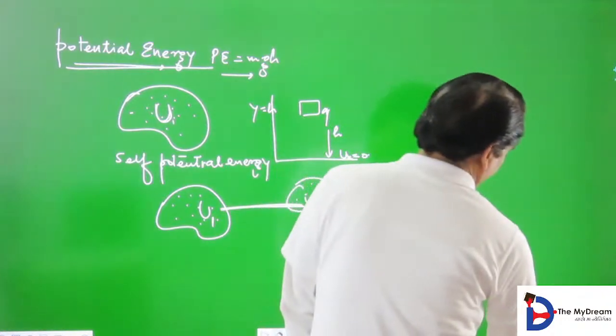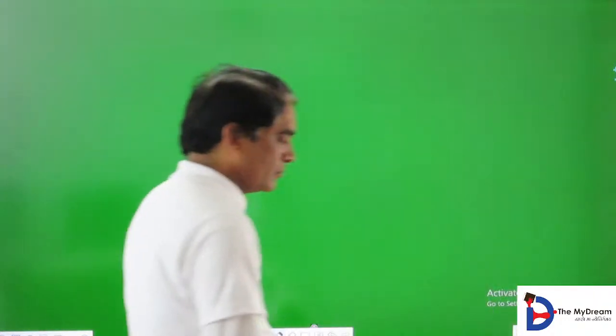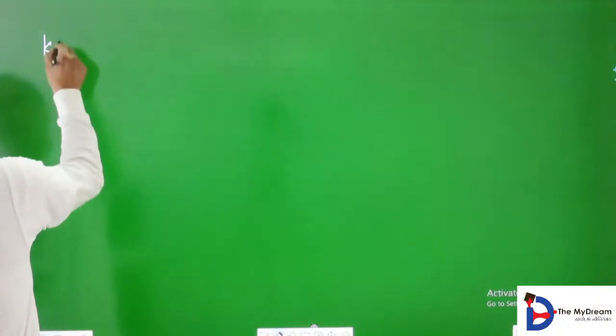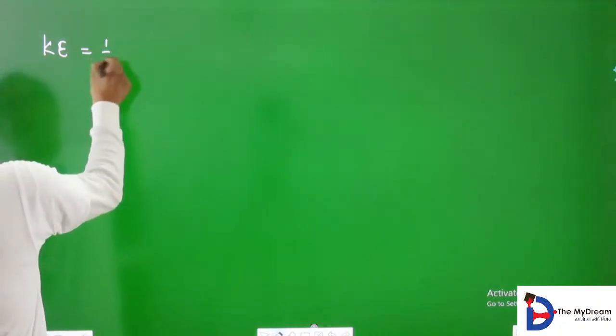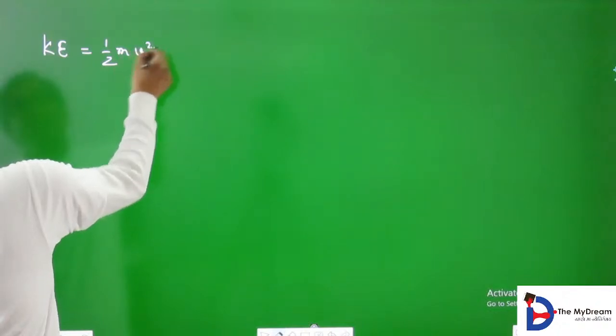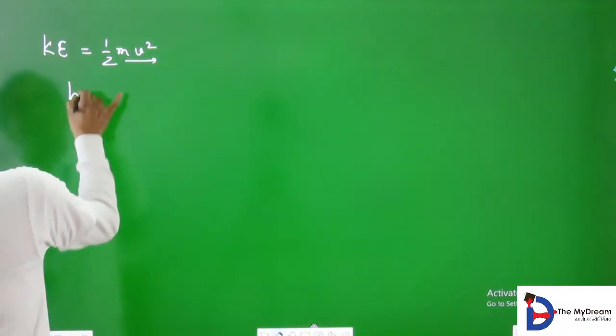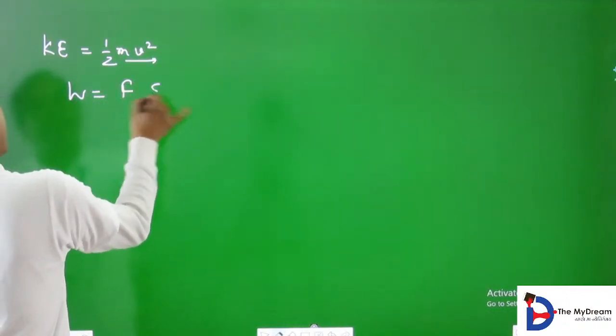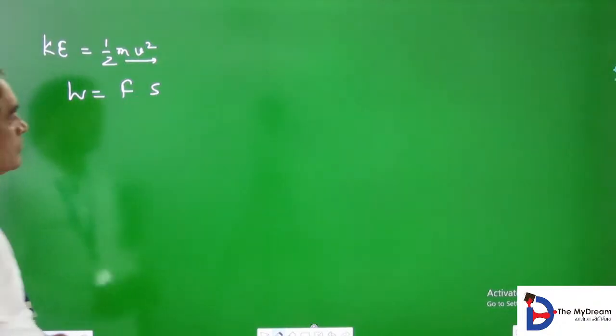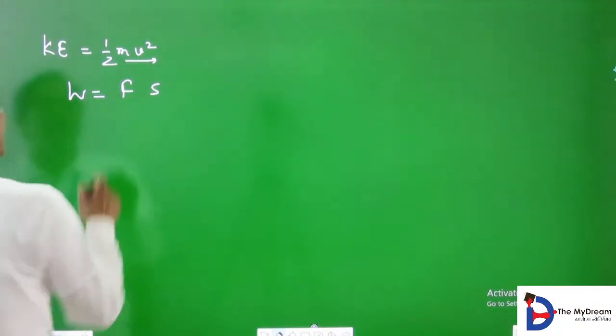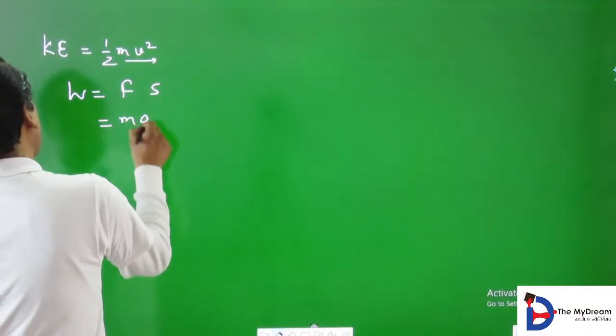Now we are talking about kinetic energy, let us discuss it once more. So work done is equal to F dot S. F is equal to ma.